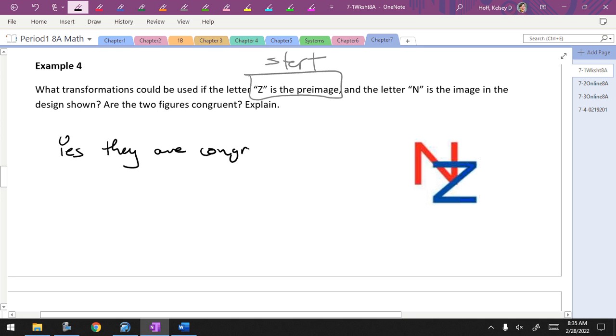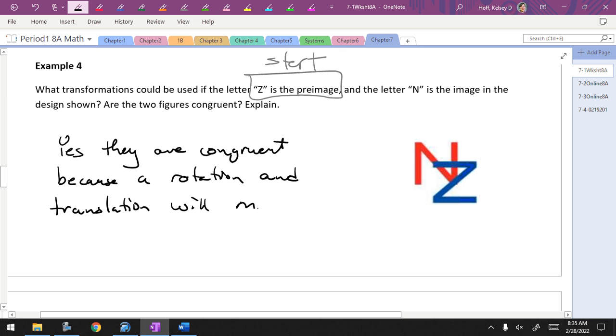What does congruent mean again? Same size, same shape. Very good. Because a rotation and translation will map one onto the other.